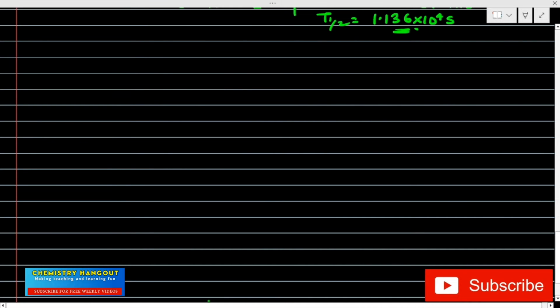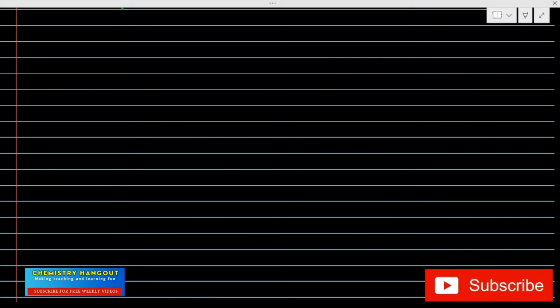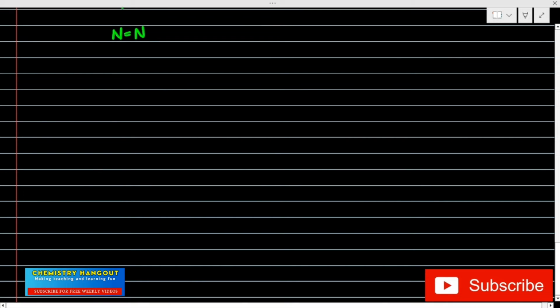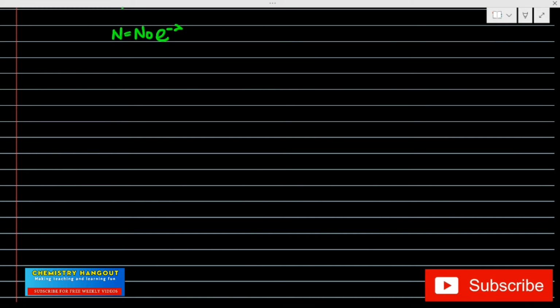Don't forget, I told you something. This very particular formula, if you are not forgetting, N is equal to N naught exponential minus lambda t, is also the same as the one I said I prefer, which is A is equal to A naught half raised to T over H. So now pay maximum attention to this.